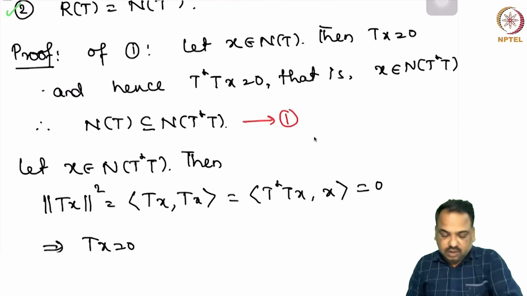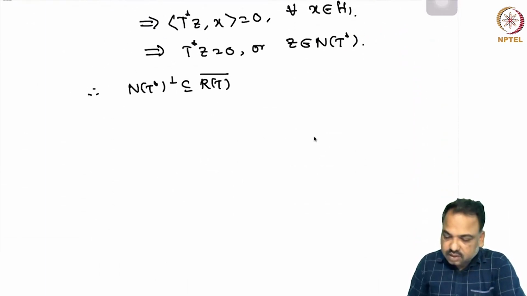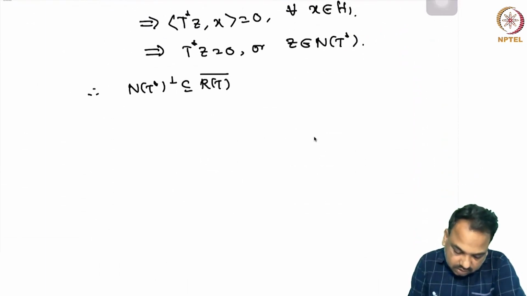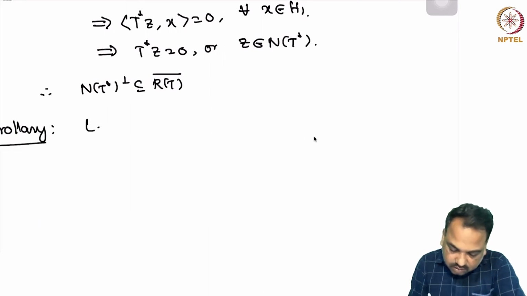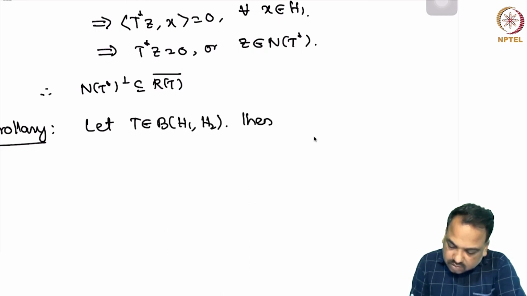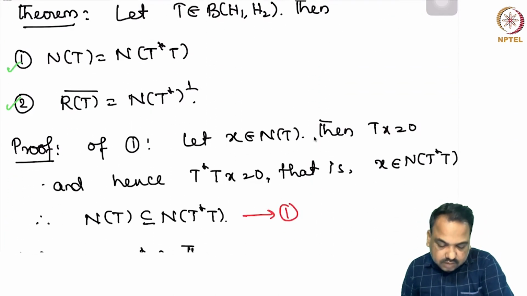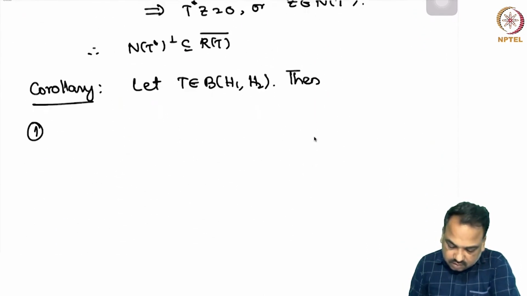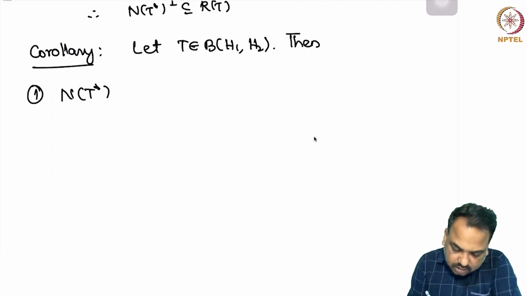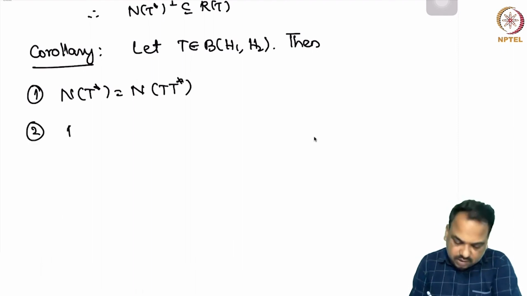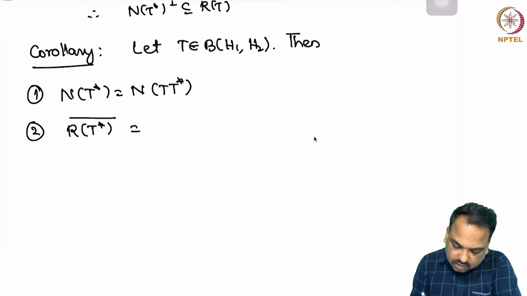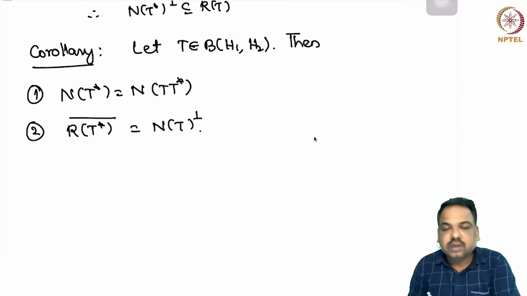Now immediately we can have the following corollary. If we replace T by T star in the above conditions, let us take T in B(H1, H2). Then we can say that null space of T star is null space of T T star, and the second one is range of T star closure is null space of T perp.